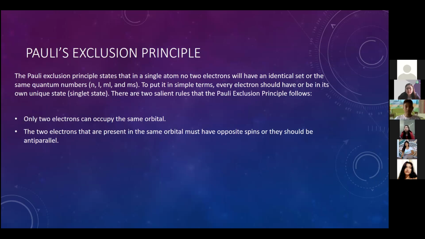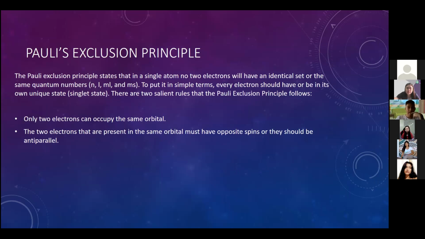I will just continue with the reporting since my co-group is not present. Okay. For now, moving on with the principles, first is Pauli's exclusion principle. The Pauli exclusion principle states that in a single atom, no 2 electrons will have an identical set of quantum numbers.